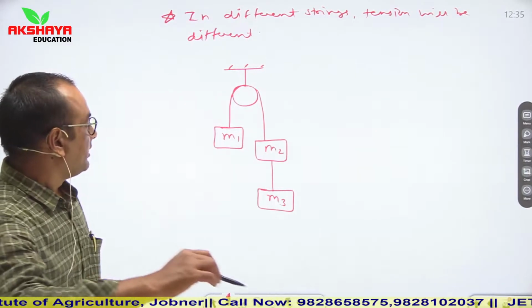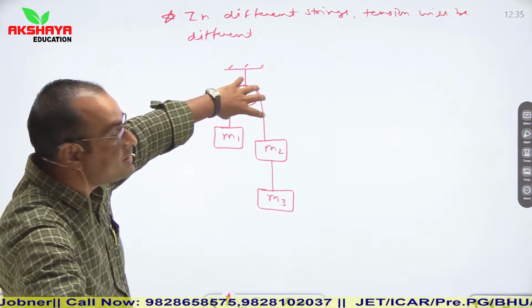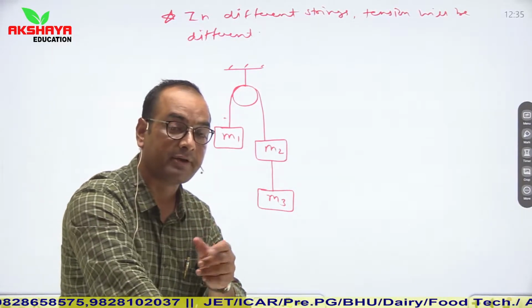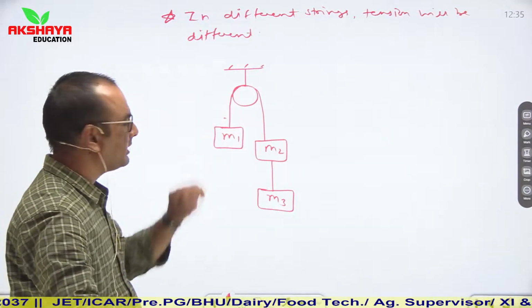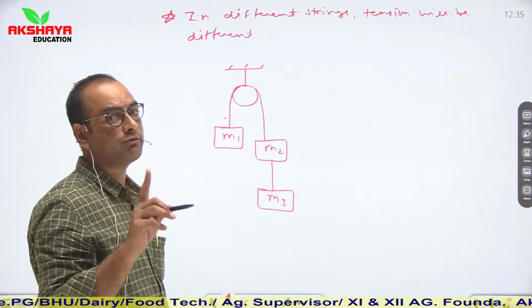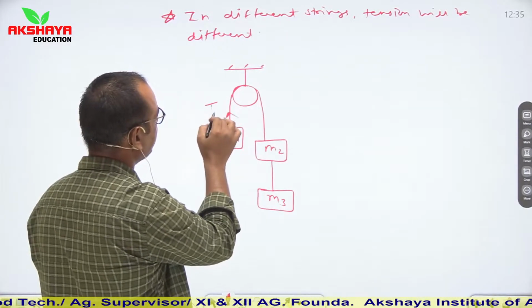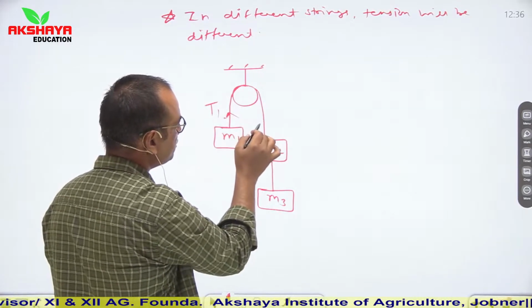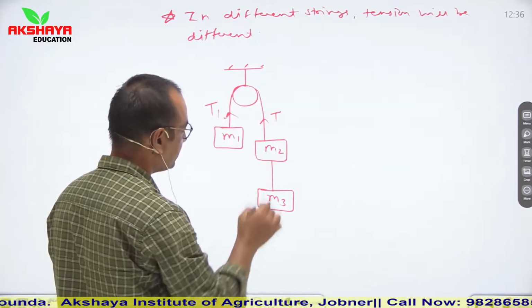So see, m1 and m2 are connected by one string, so tension in this string will be different. Now m2 and m3 are connected by a different string, so tension in this string will be different also. Let us give direction of tension. For the m1 object, keep in mind tension is always away from the object. Let us say the tension in this string is T1, direction is away from the object. Here also same string, so direction of tension is away, magnitude is same, T1.